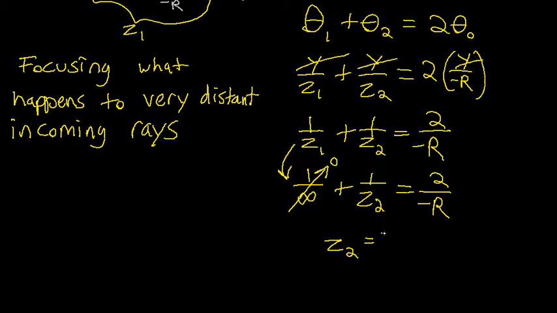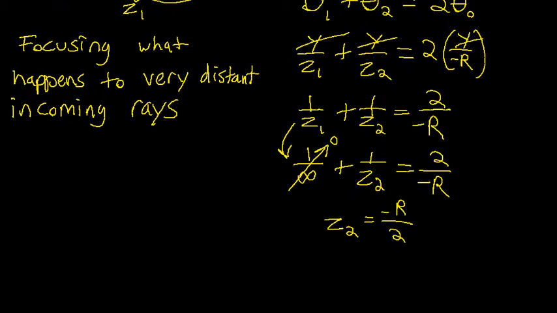In this case, it is minus r over 2. And so when z1 is very large, z2 in any system that you can trace like this becomes the focal length. The focal length of the system.